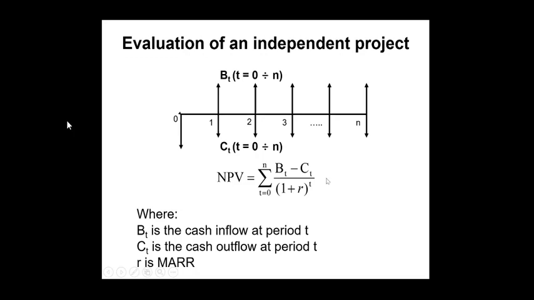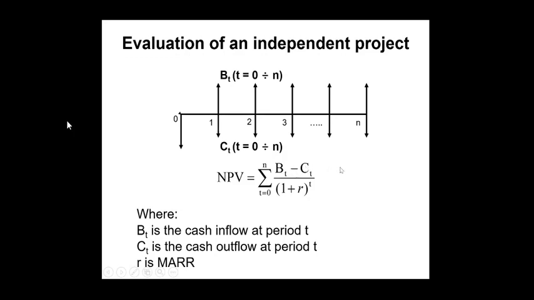The formula to calculate the net present value: NPV equals the sum of Bt minus Ct divided by 1 plus small r to the power t, with t going from 0 to n. Bt minus Ct is the net cash flows.